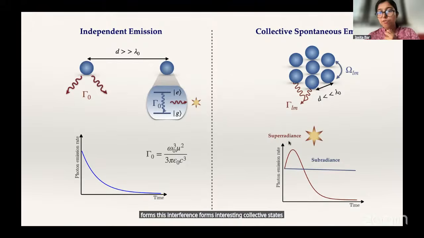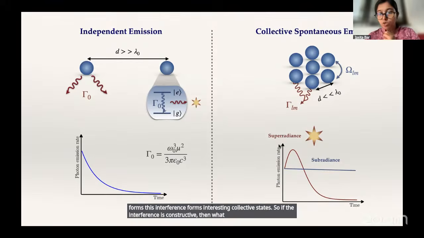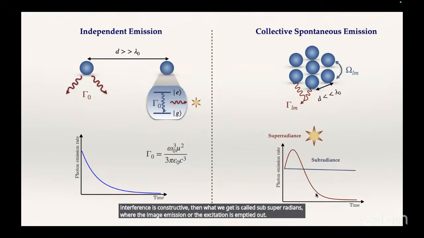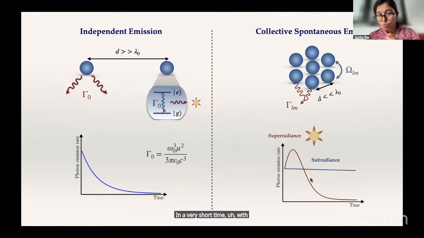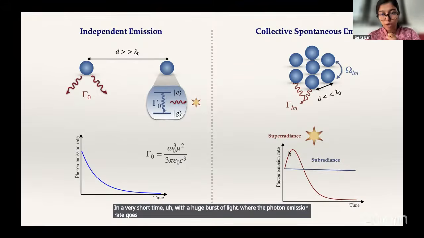If the interference is constructive, then what we get is called superradiance, where the excitation is emptied out in a very short time with a huge burst of light, where the photon emission rate goes above 1.